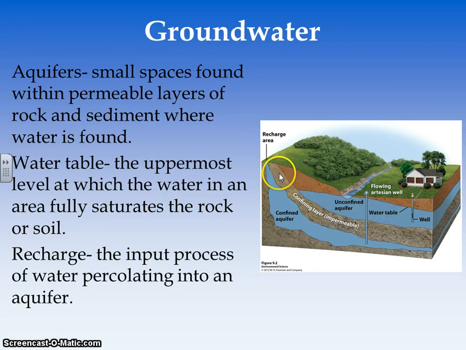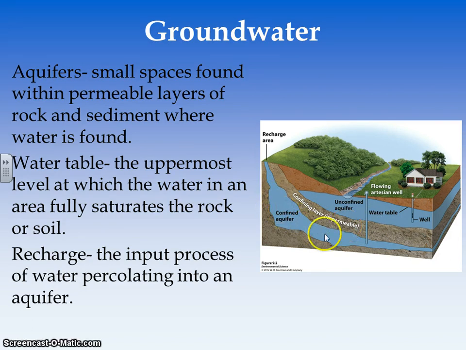We also have confined aquifers, which are a lot harder to deal with because the layer that sits on top of them is impermeable soil. Okay, so probably a lot of silt, a lot of clay, and water just doesn't flow through it very easily or almost at all.